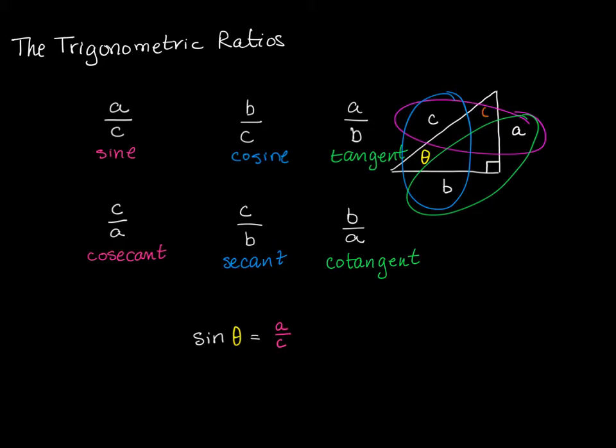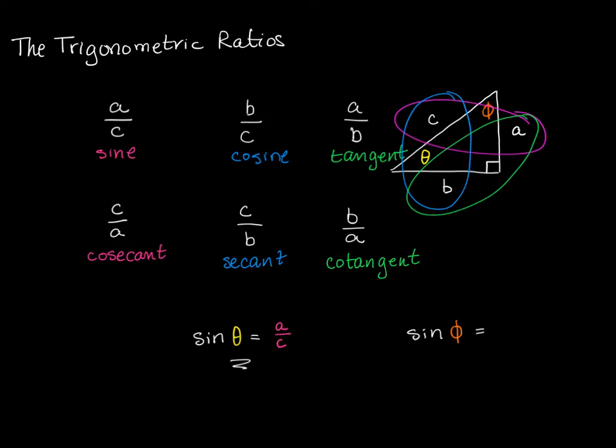Well, if I was looking at it from a different perspective, say the other angle up here, and I'm going to use the Greek letter phi for that one, then to say that the sine of phi was A over C would be confusing. You see, in relation to the angle theta, A is the side opposite that angle. But in relation to the angle phi, A is the side next to the angle.